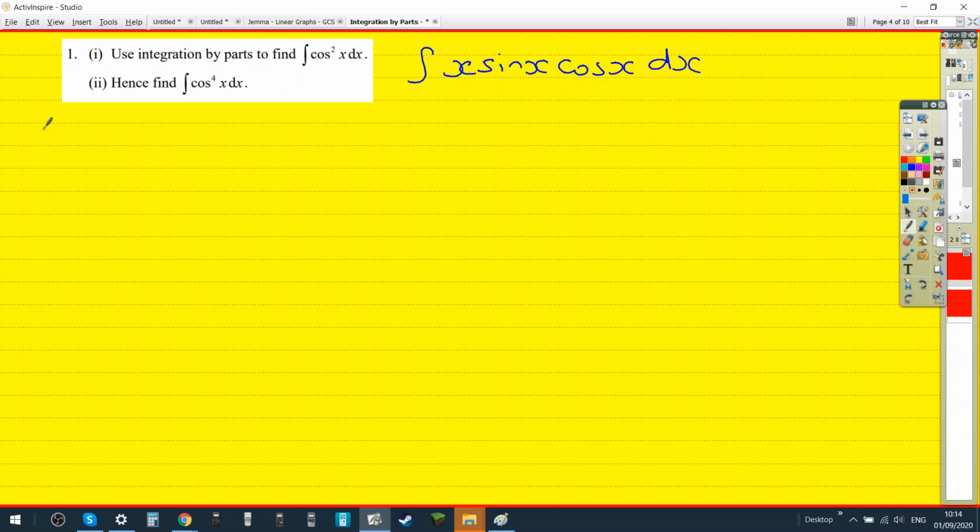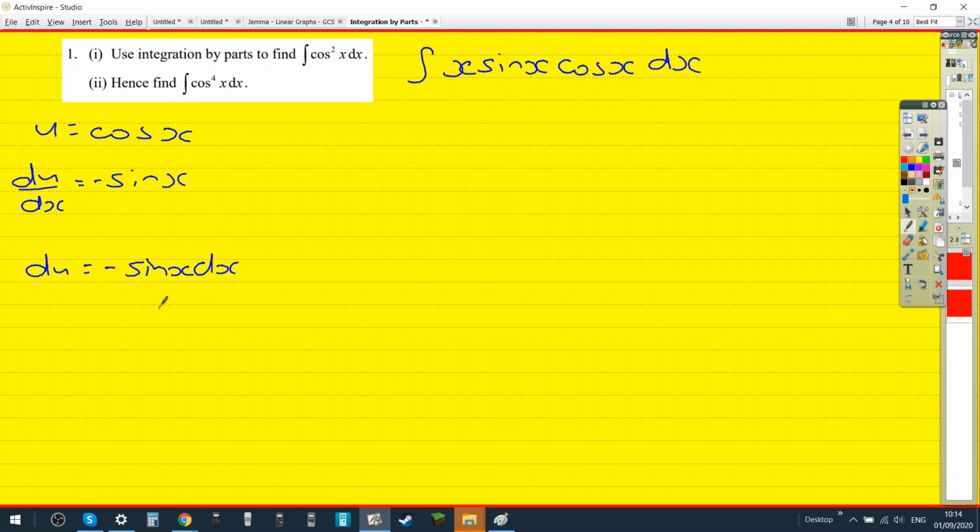So maybe u is equal to cos x, and then du by dx is equal to minus sine x. So then du is equal to minus sine x dx. Wait, no, I don't think that's right.